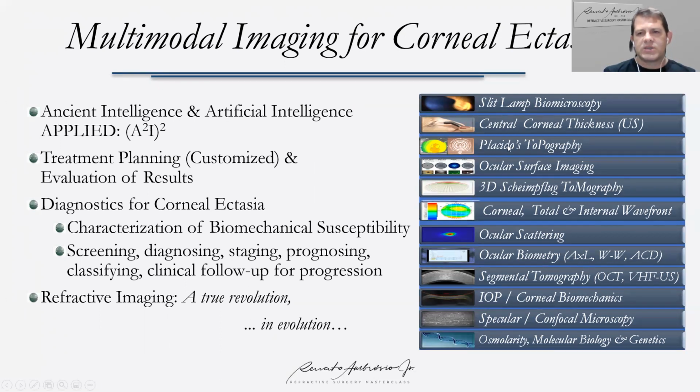Central corneal thickness, Placido disc topography, ocular surface imaging, 3D tomography, the Scheimpflug, and also segmental OCT, high-frequency ultrasound, ocular biometry to understand if the myopia is axial or if the patient has more corneal myopia, wavefront and quality of optics data, IOP and corneal biomechanics, with a very important role of biomechanics for understanding IOP, specular and confocal microscopy, and of course, the future molecular biology and genetics.